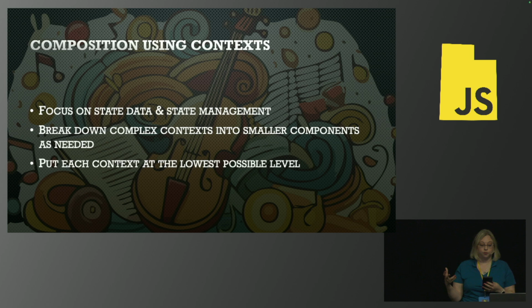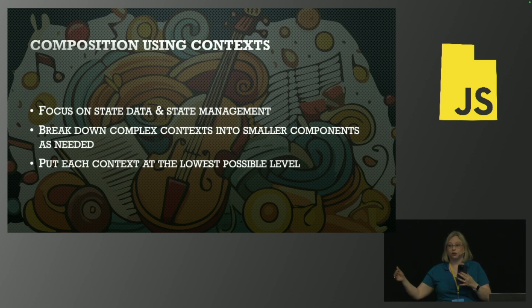Then put each context at the lowest possible level it's needed. Even while you're coding, you just put it as close to where you need it until you add the next piece that is going to need it in that shared parent state, and that's when you refactor to move it up.